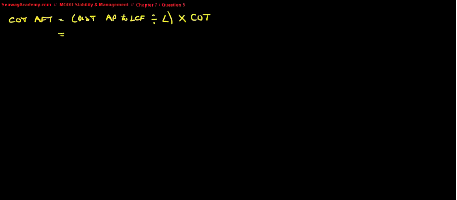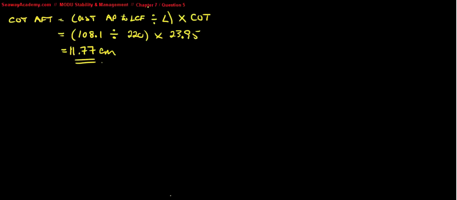So they told us we've got a vessel 220 meters long, and the center of flotation is 1.9 meters aft of amidships, so therefore we have to calculate the distance from the aft perpendicular to your longitudinal center of flotation, which is 108.1. We divide it by our length of 220, and then multiply it by our change of trim of 23.95. So we get a change of trim aft of 11.77 centimeters.